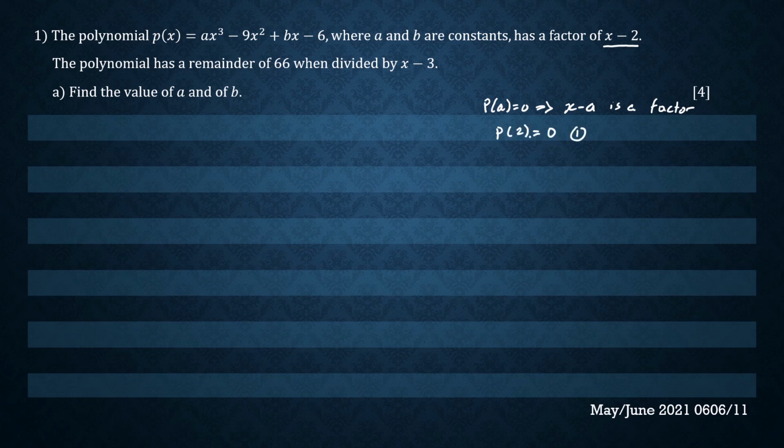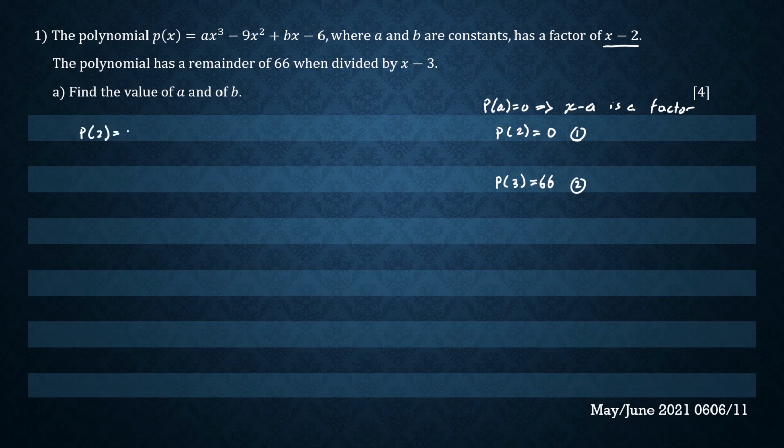Using this information, we'll form an equation. In the second part, it says the polynomial has a remainder of 66 when divided by x minus 3. From our remainder theorem, that implies that P(3) equals 66. And this will form our second equation. So let's write our first equation down.